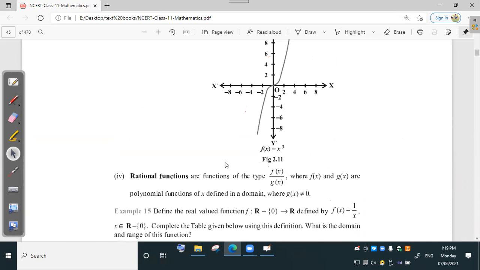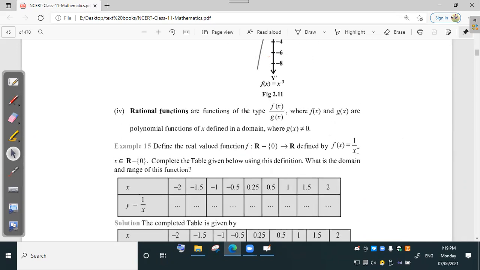Okay. Then the rational function, if you have rational functions like 1 by x, 3x upon something, or like that, written as numerator over denominator. So for example, here x should not be equal to 0, so 0 is excluded from here.